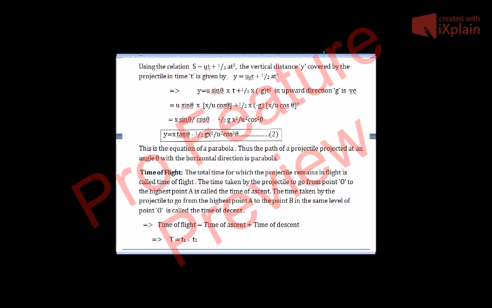So time of flight will be equal to time of ascent plus time of descent, because the projectile first goes upwards, then comes downwards. So upwards is time of ascent, downwards is time of descent. So that will be T will be equal to T1 plus T2.